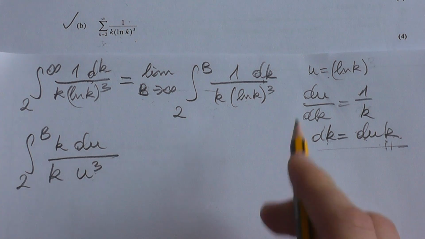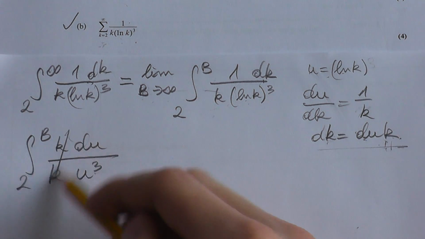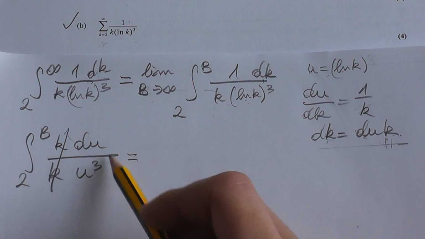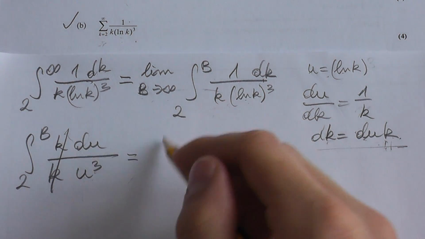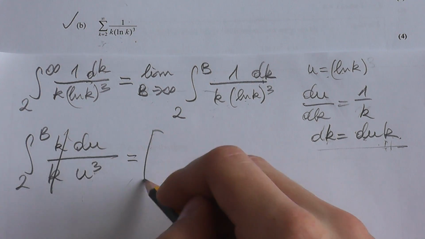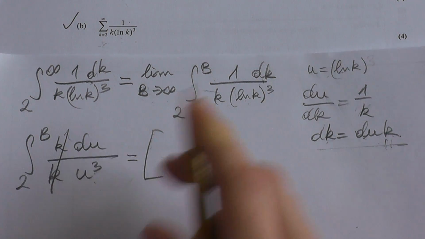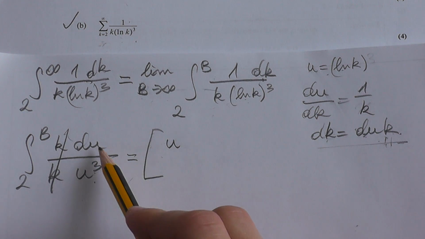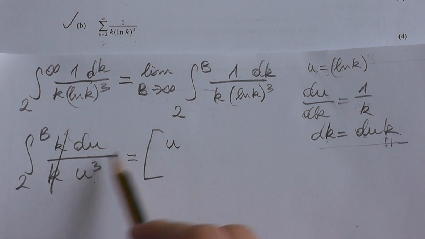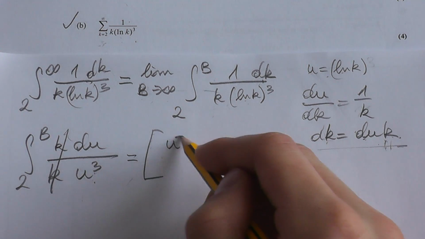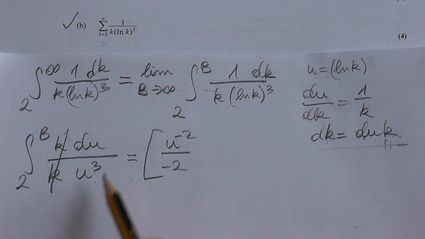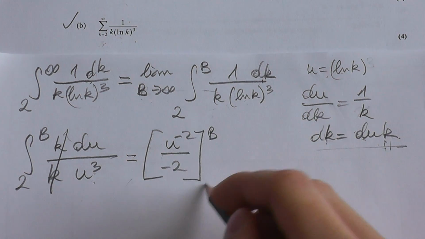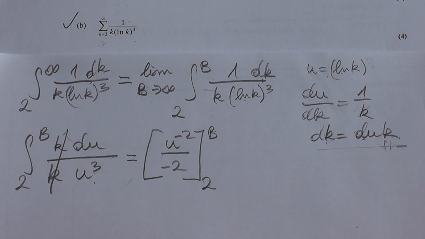And now, conveniently, these cancel out. If I put this up as u to the power of minus 3, then I end up with u to the power of minus 2 over minus 2, from 2 to b.